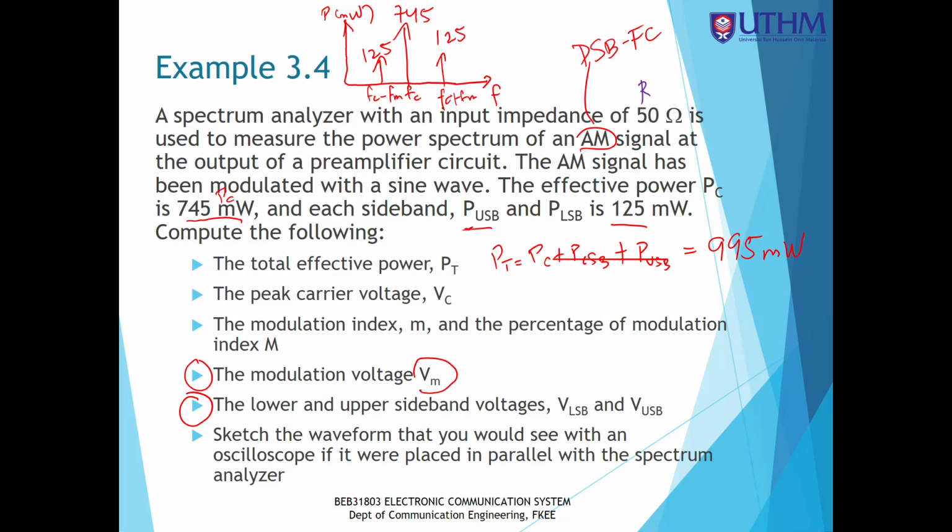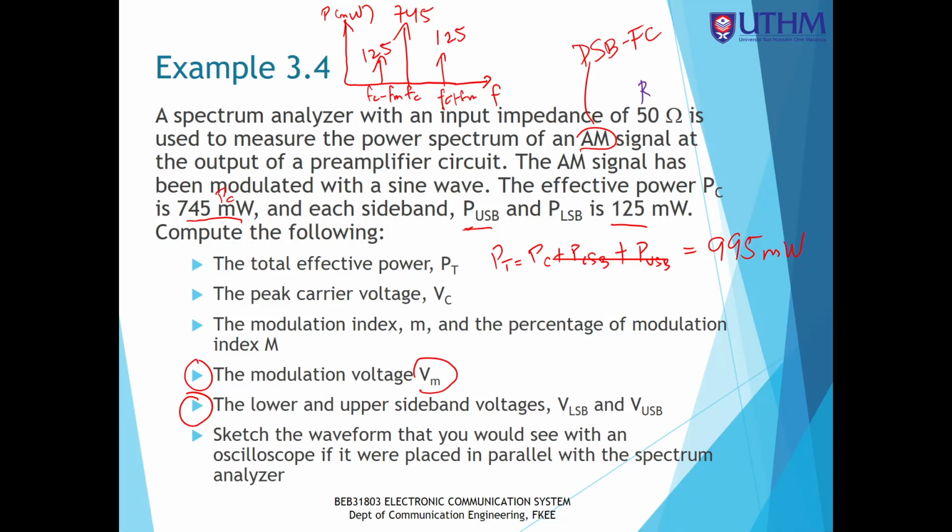Again, this question does not specify whether this is a peak value or RMS value. Normally in the test or final exam, we ask the students to find the peak value. Most of the time we ask questions about the peak value.